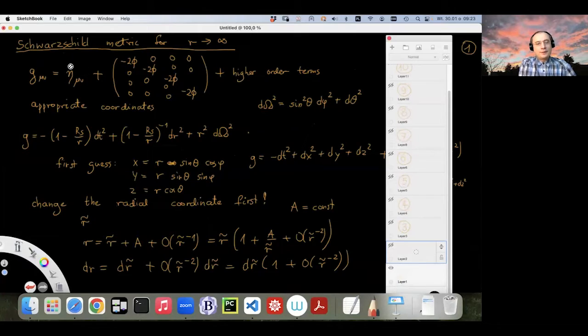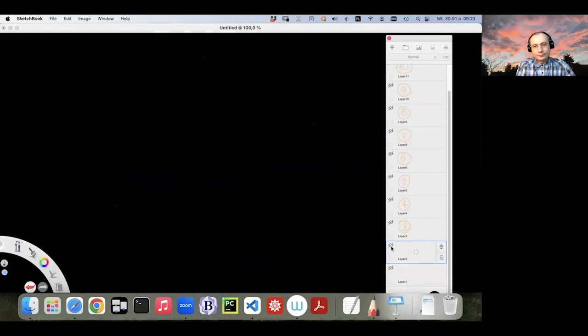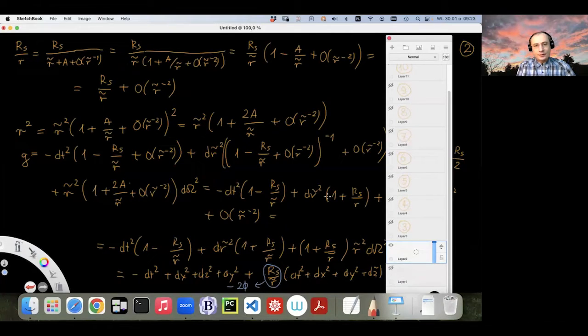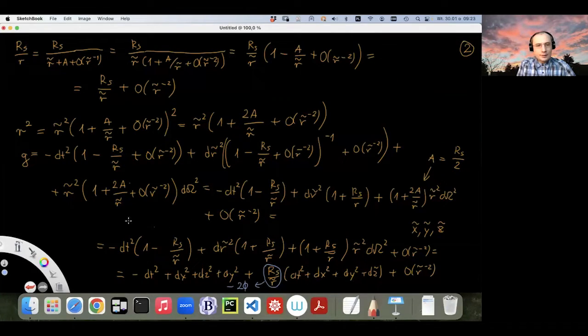So the metric is the flat spacetime metric plus a diagonal made of the Newtonian potential. Just right here. So we recognize that the phi, the potential, is equal to minus rs over 2r. Okay, that's very nice.